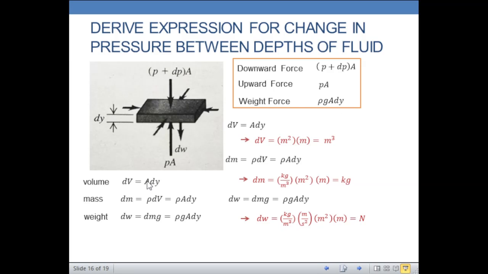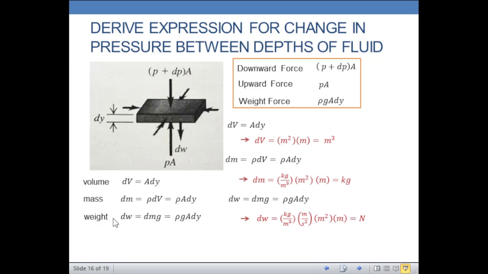So we're going to use three different quantities here: the volume, the mass, and the weight. The volume is denoted by dV, which is equal to area times dy. The mass is dm, equal to density times dV, or density times area times dy.